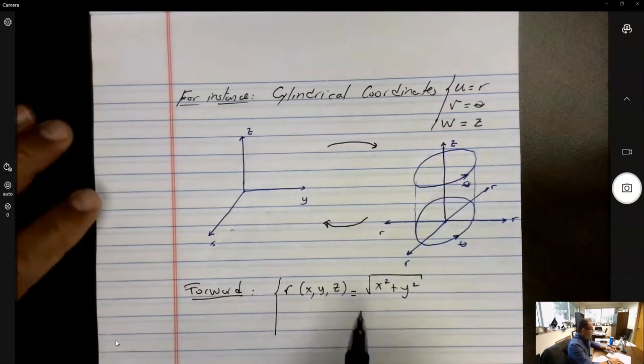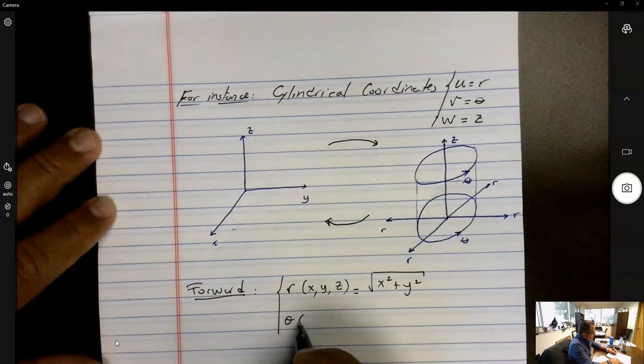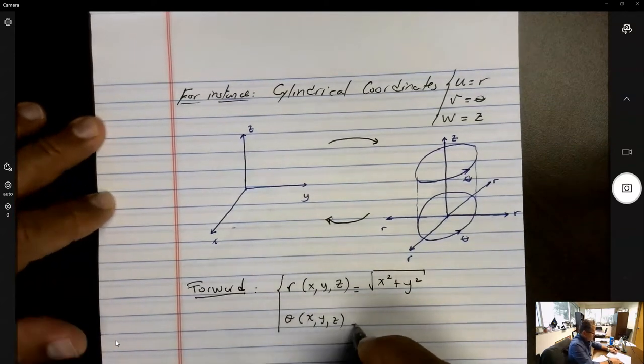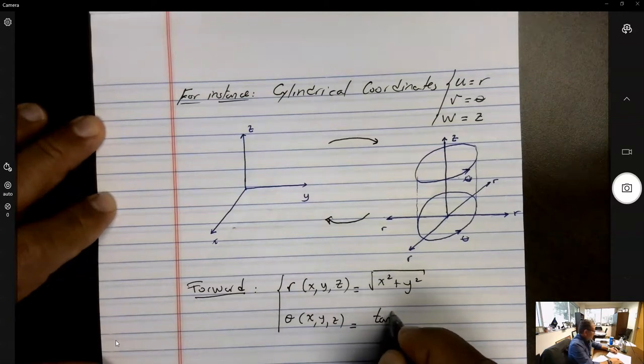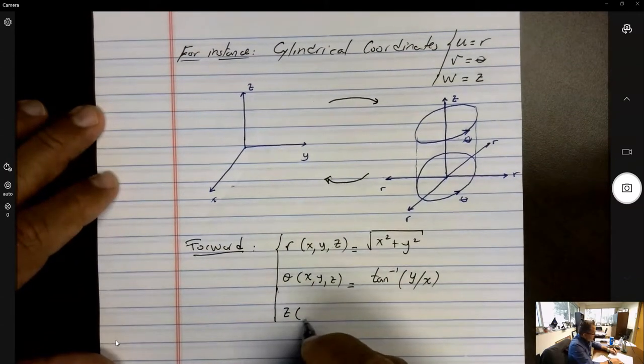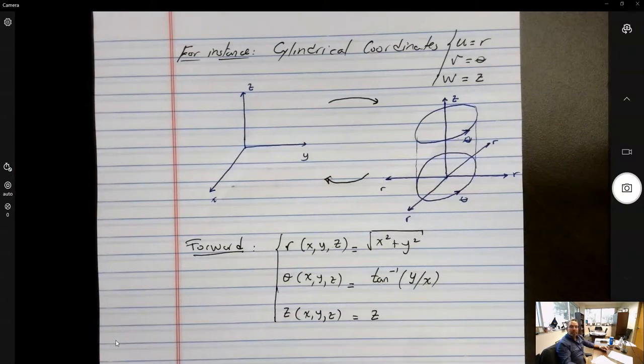So we can find out what the radial dimension is from the Cartesian ones by this. Theta, which is the tangential direction in terms of x, y, and z, is simply the arctangent of y over x. And z from x, y, z is simply z. You can see that the z-axis is actually common between the two systems. That's the only one that doesn't change.